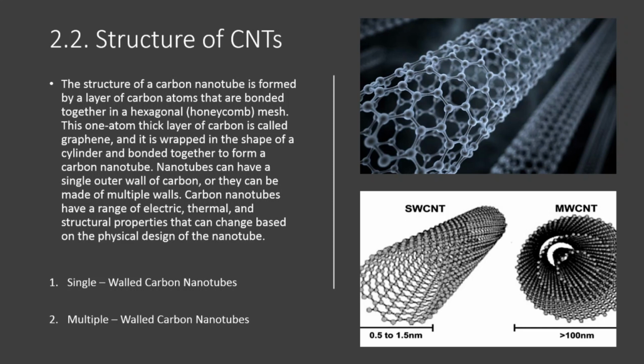Carbon nanotubes have a range of electric, thermal, and structural properties that can change based on the physical design of the nanotube. Now we're going to see the two types of carbon nanotubes: single-wall carbon nanotubes and multiple-wall carbon nanotubes.